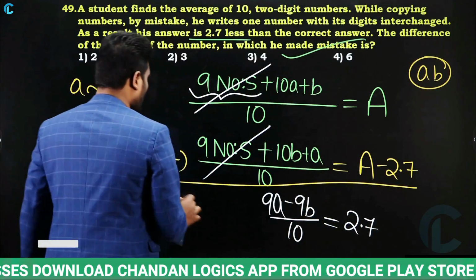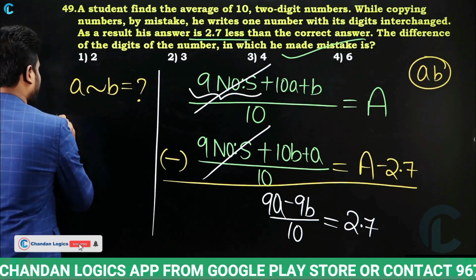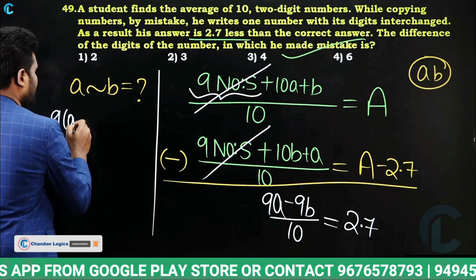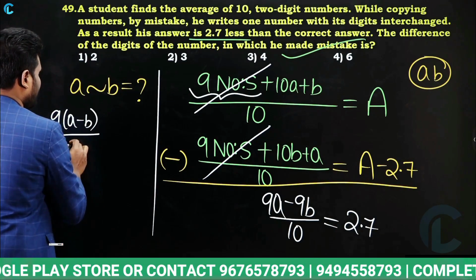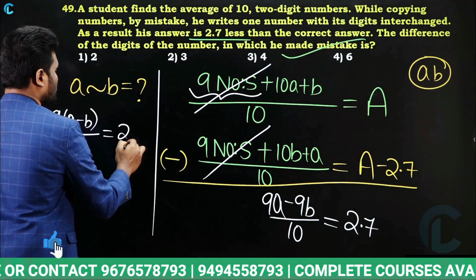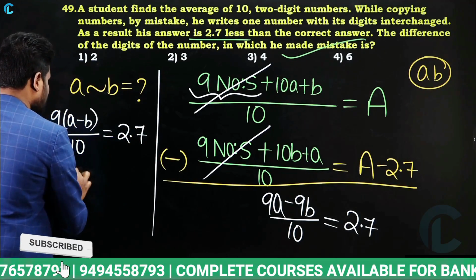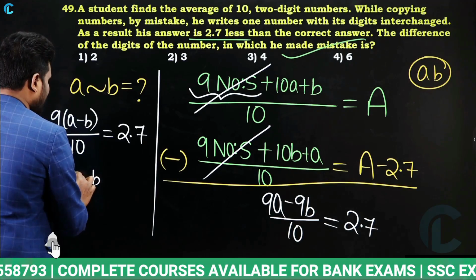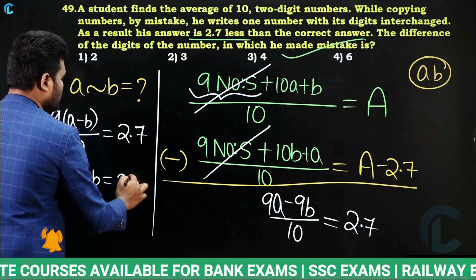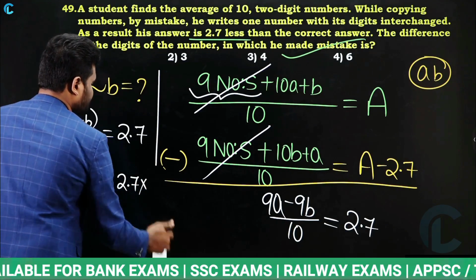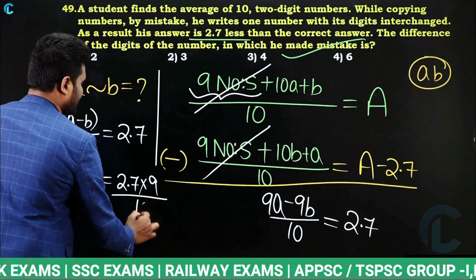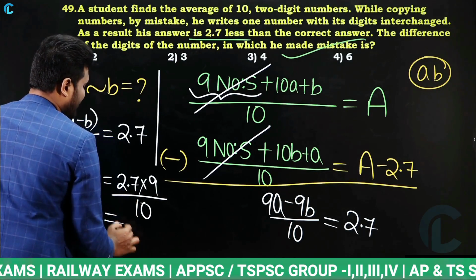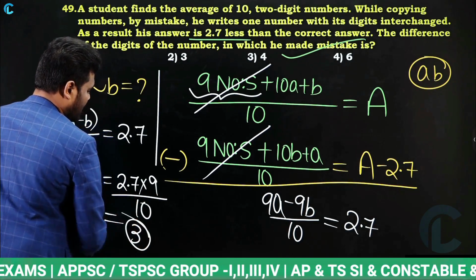Now if I simplify and take 9 common, this is going to be 9 of (A minus B) divided by 10 is equal to 2.7. So the difference of A and B is going to be 2.7 into 9 divided by 10. Yes or no? If we calculate this, how much is the answer?